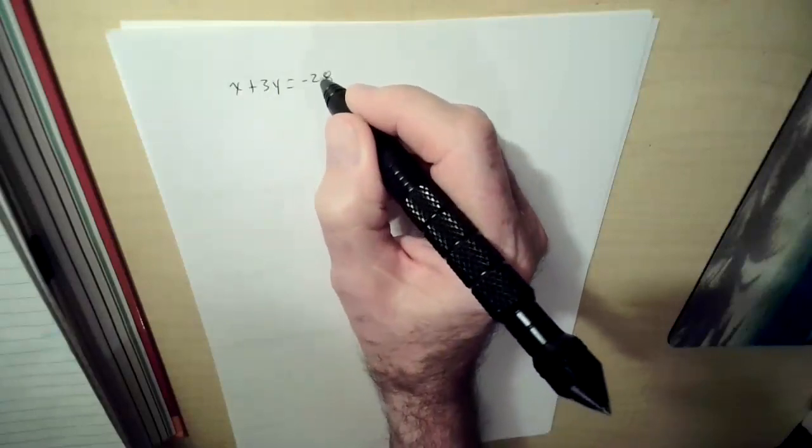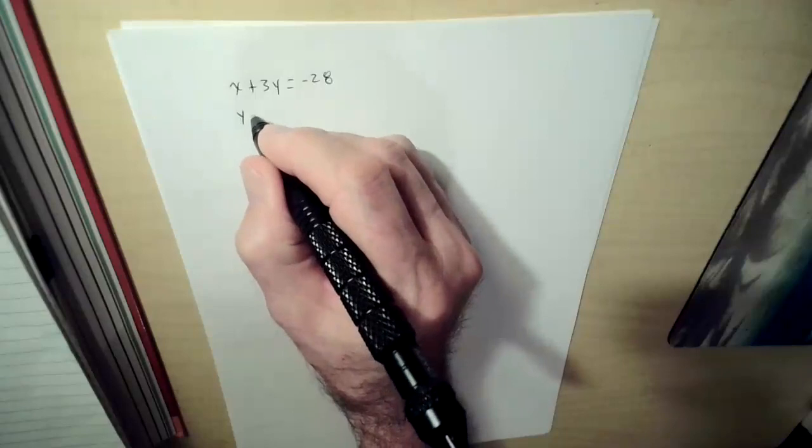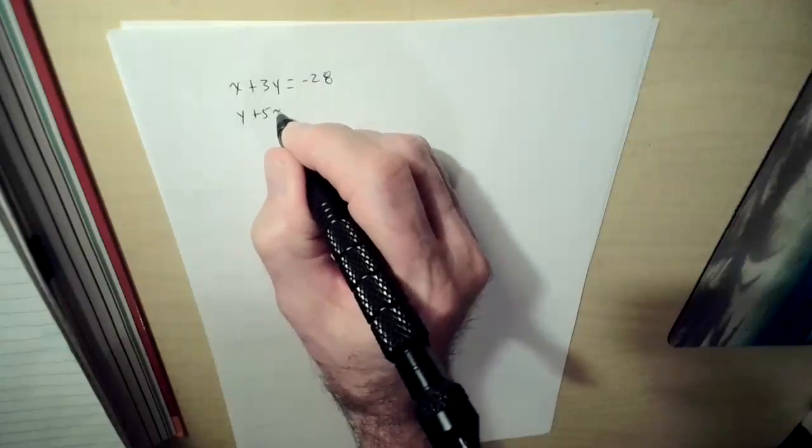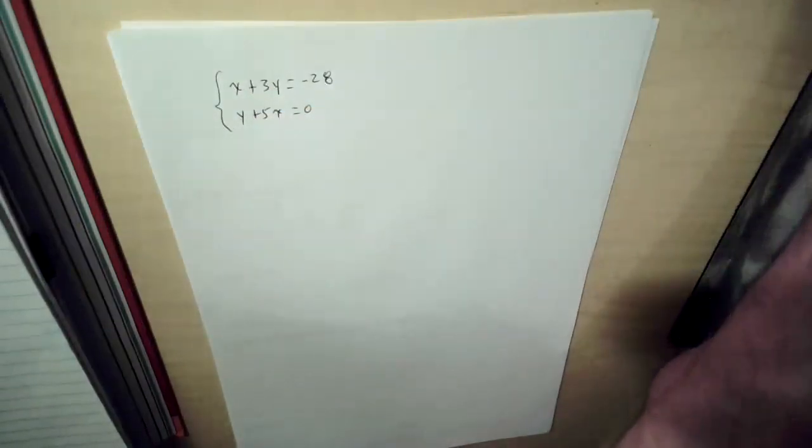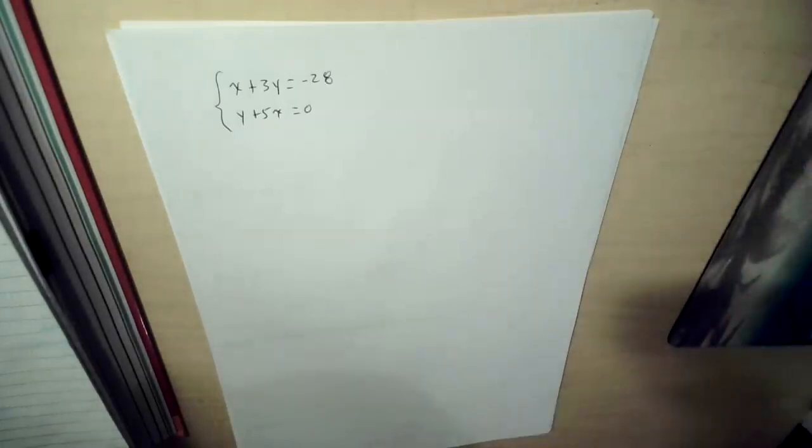Okay, what if we have this? Get this if you're so smart. x plus 3y equals negative 28, and y plus 5x equals 0. System of equations.